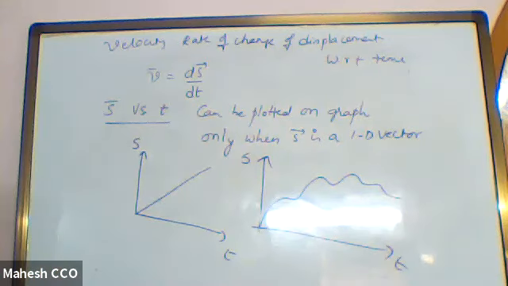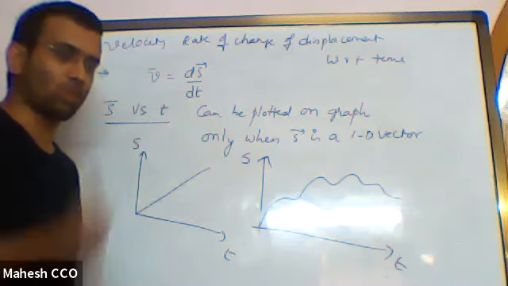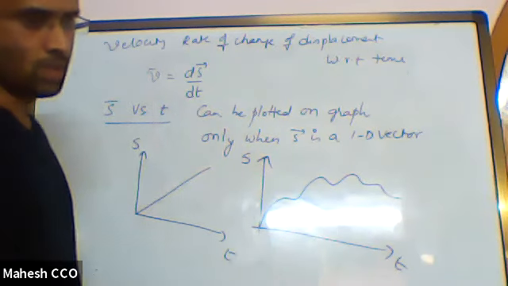Now you may ask me, then what will you do with 2 or 3 dimensions? If the particle is moving in a 2-dimensional or 3-dimensional way, will you stop plotting the displacement versus time graph?